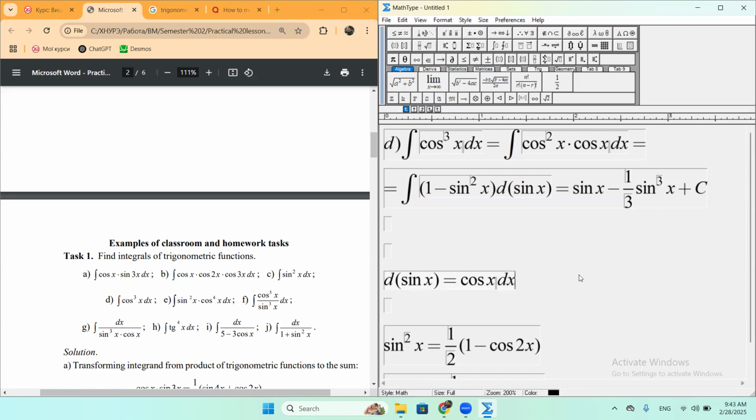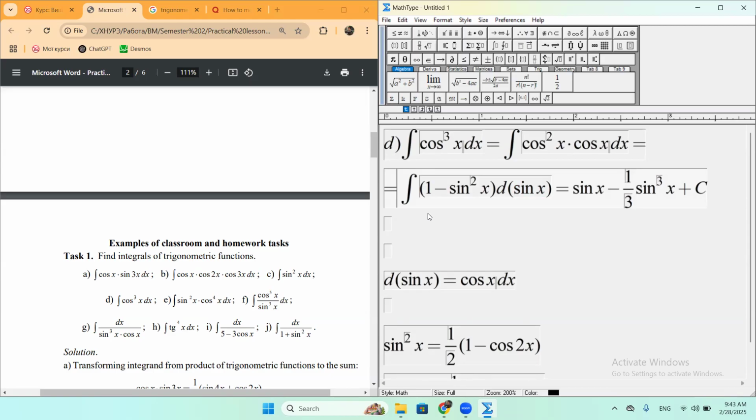So we have such equality: differential of sine x equals cosine x by dx. Yes, correct. And now we integrate by it. So sine of x is like a new variable. I understand, thank you.